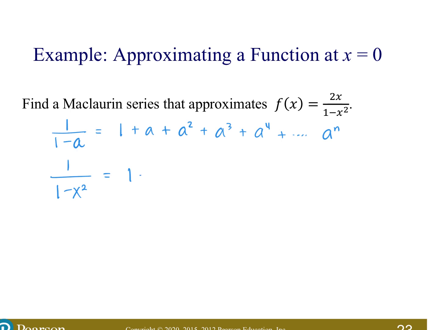But now all of the a terms are replaced with that r value, which is x squared, and then x to the 4th, and then x to the 6th, and then x to the 8th, and then that would be x to the, what would the general term be for that pattern? 2n, because it's all the evens.